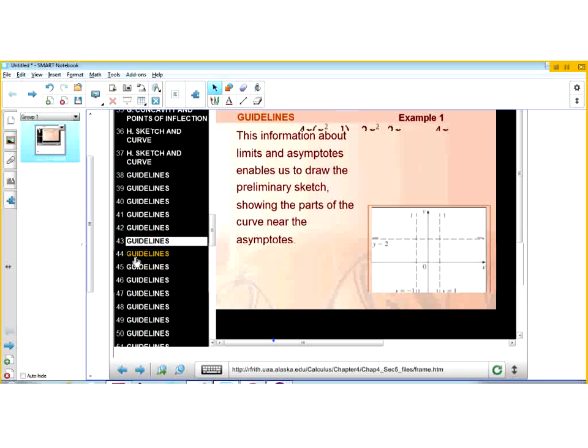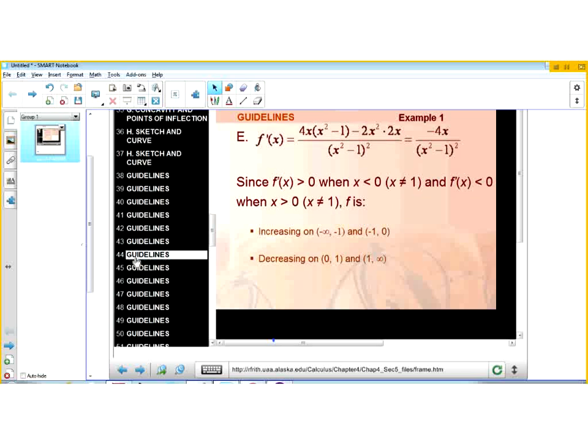What next? Now we calculate the derivative using the quotient rule for differentiation. I fully expect you to know this. So where is the first derivative greater than 0? When x is less than 0, the numerator is positive, and the denominator is always positive.